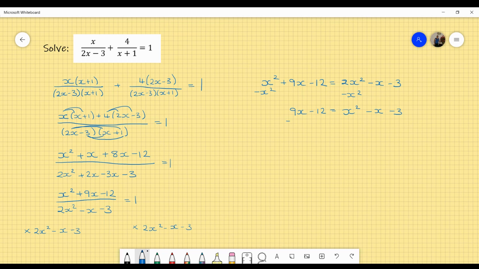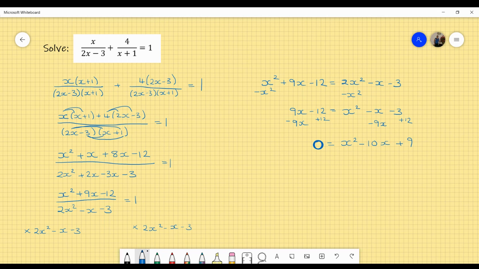Now I'm going to do this in one go, but you can do it in 2 steps. I'm going to subtract the 9x from both sides, and add the 12 to both sides, just to get there a little bit quicker for you. So 9x take 9x will cancel, minus 12 add 12, that will leave me with the 0 that I wanted, equals x squared minus 10x plus 9.